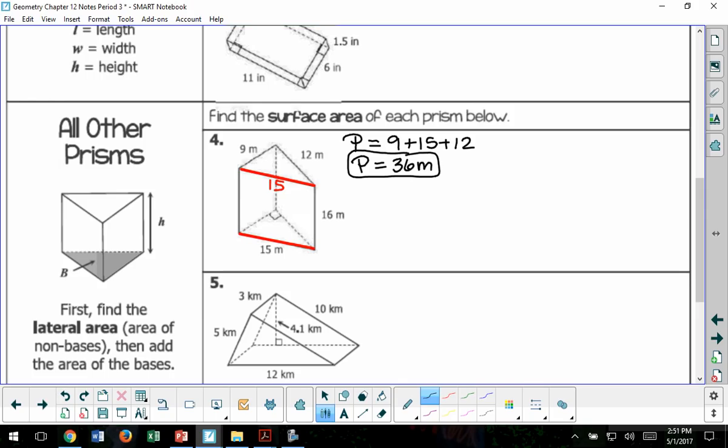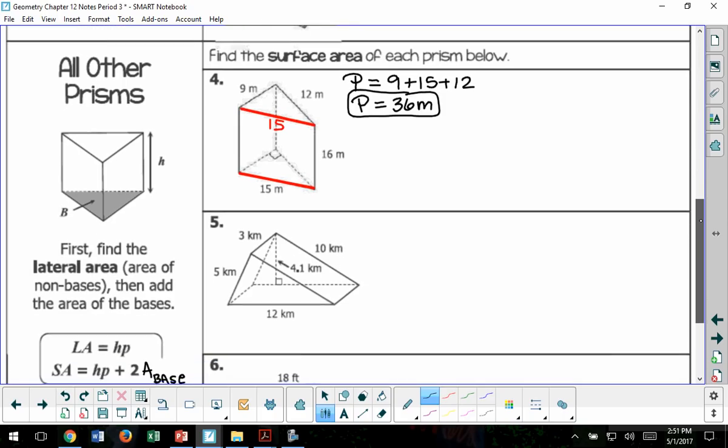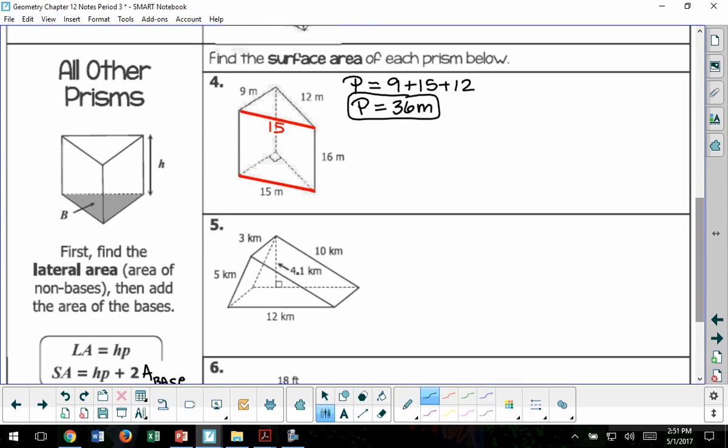Okay? I want the perimeter of the base. Perimeter of the base. Now, I'm still looking for lateral area. Lateral area is the height times the perimeter. What's my height? 16.